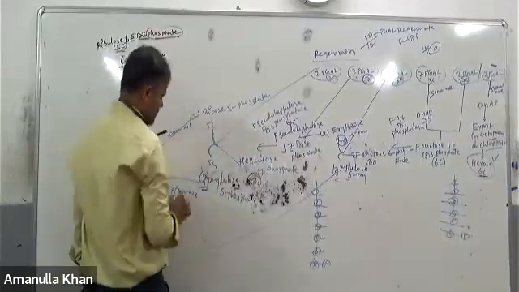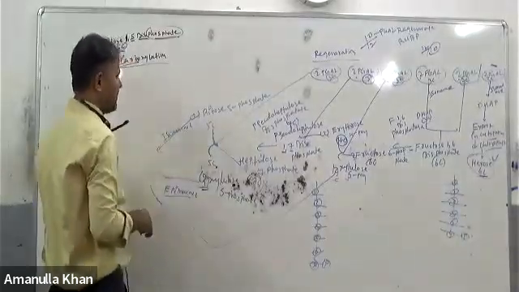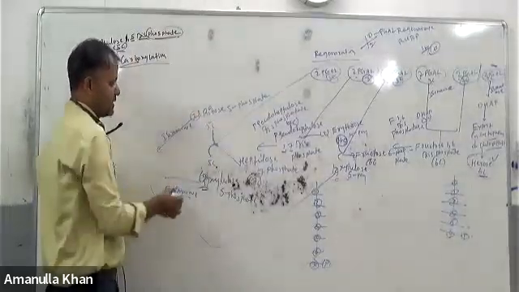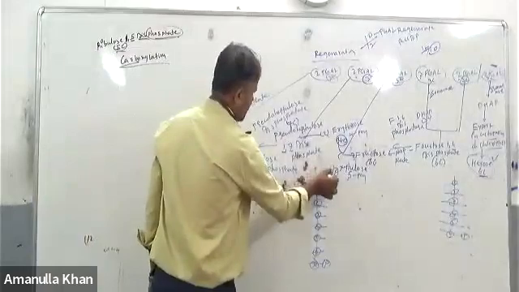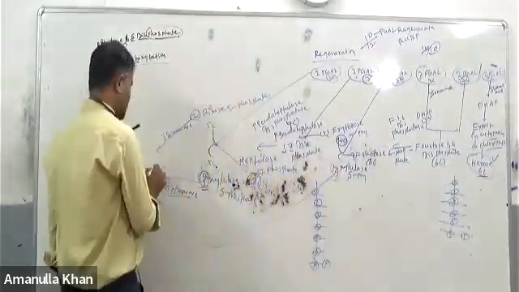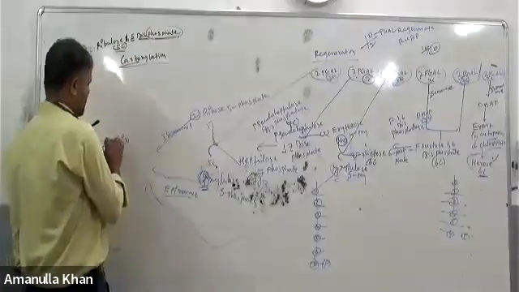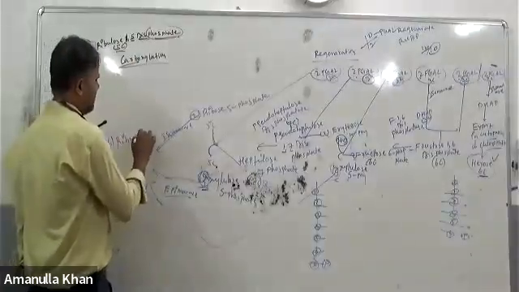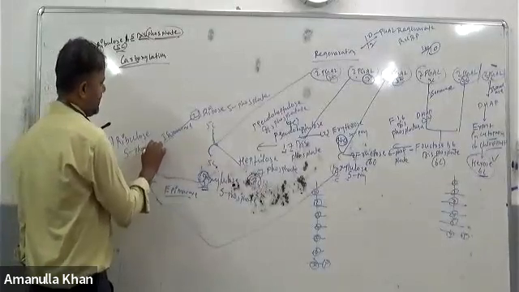Ribose 2 molecules plus xylulose 2 molecules, 4, plus this xylulose 2 molecules, 6. So 6 molecules of ribulose 5-phosphate.